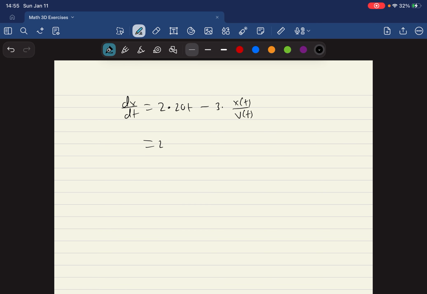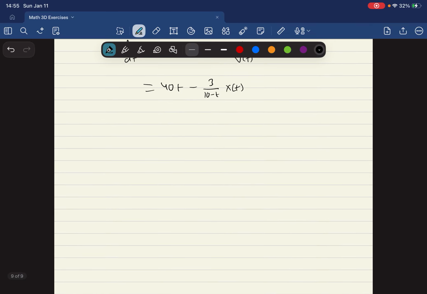But we know what v of t is. This is 40t minus 3, and I'm going to move the x of t over to the right. And we know v of t is 10 minus t. So this is 10 minus t. And so rearranging, we get this linear differential equation, dx/dt plus 3 over 10 minus t times x of t equals 40t.